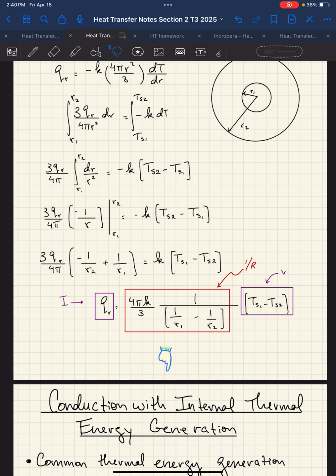So basically from here, we can get our thermal resistance for 1/3 of a sphere. So the thermal resistance, let's write it out, is basically the reciprocal, so you're going to have 3 over 4 pi k, and then that stuff in the brackets basically finds its way into the numerator like so.